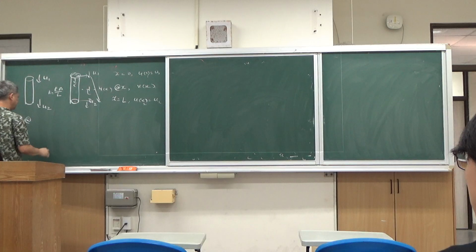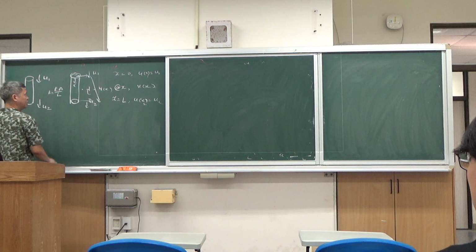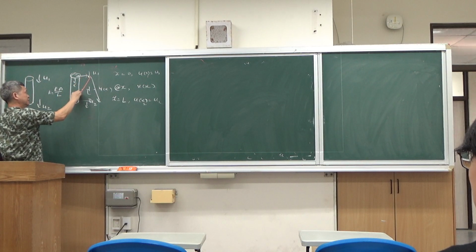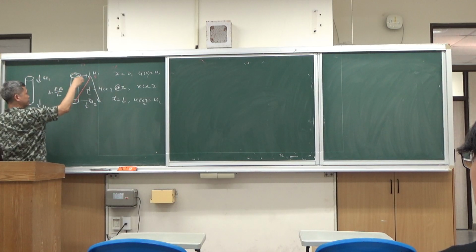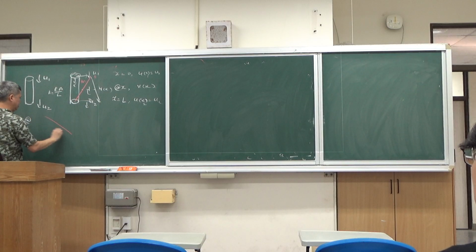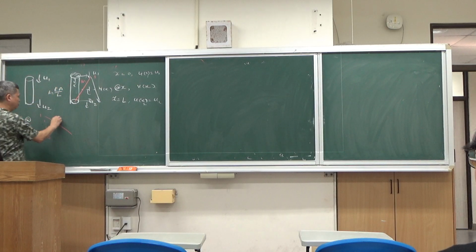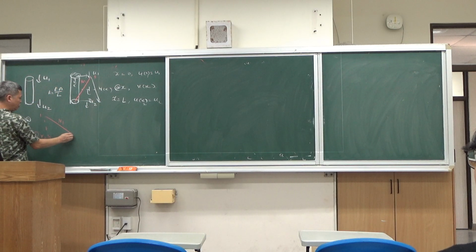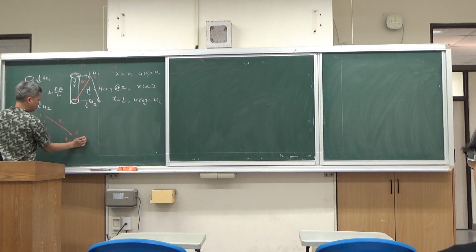To describe the ux, we invented the shape function. Okay, what is the shape function here? The shape function n1 is 1 at x equal to 0. Shape function n1 is 0 when x equal to L.